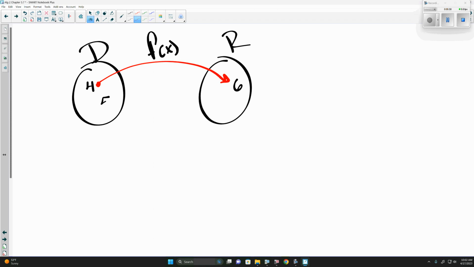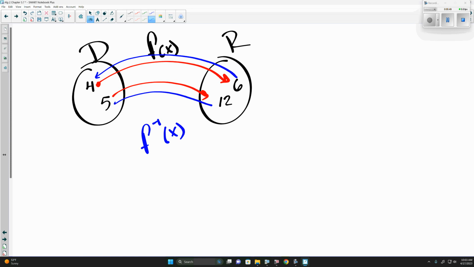If we plug 5 in, we get 12. We plug a value into the domain, the x value, and we get a range value out. The inverse, f inverse of x, is taking this range value and putting it back to the domain: 12 to 5, or 6 to 4.